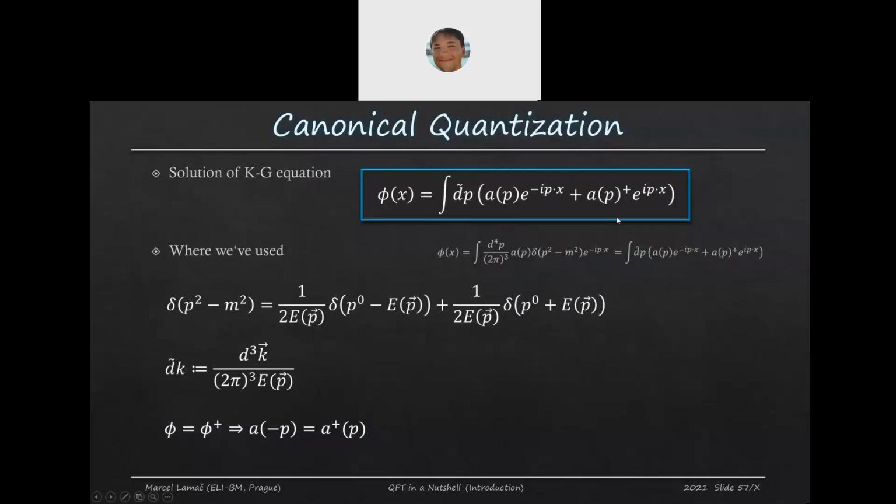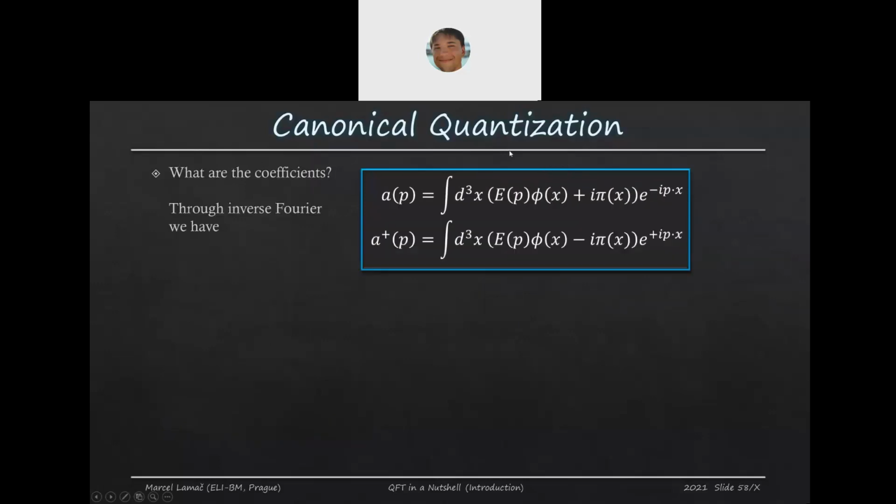We can take the formula for the field, do an inverse transformation, and we will get that the coefficients are simply given in terms of the field itself, the energy E_p, and the canonical momentum field. This is how they are prescribed.